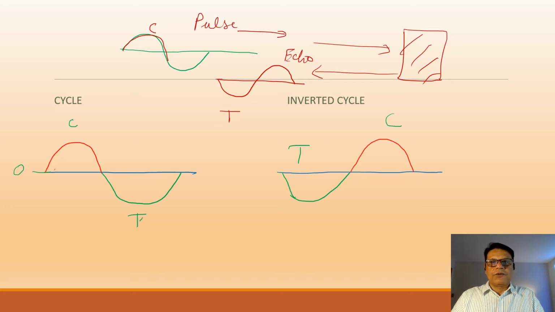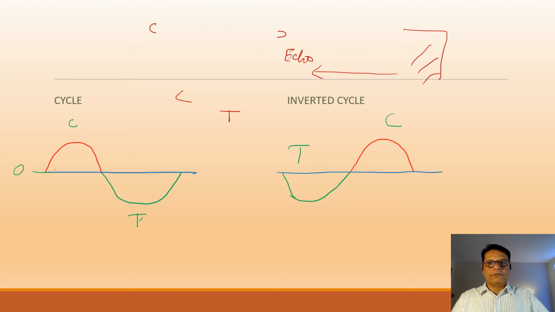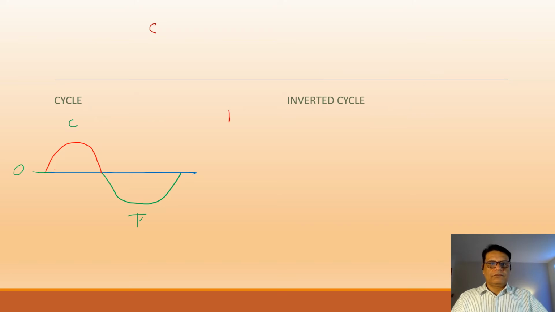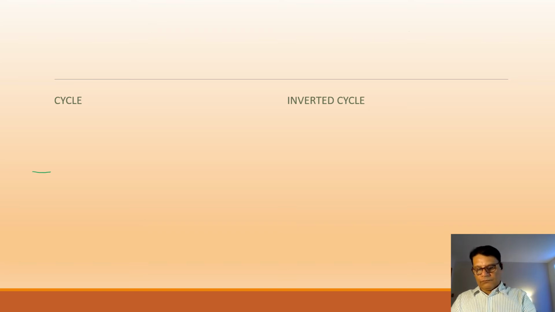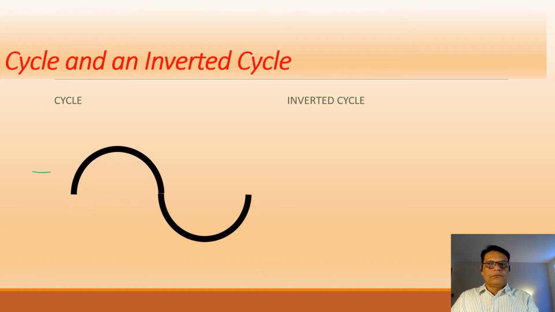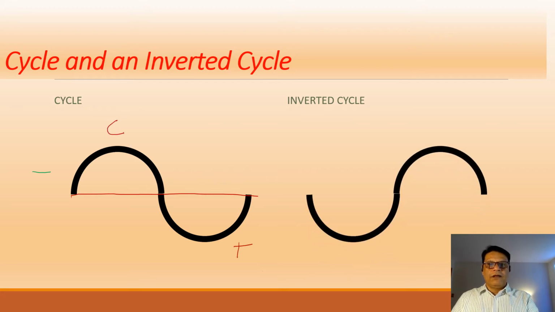And this is the pulse. Pulse is going this way, echo is coming back. So this is called the inversion of the pulse or inversion of the cycle. So there is a cycle starting with the crest and ending on the trough, and a cycle that's starting with the trough and ending at the crest.